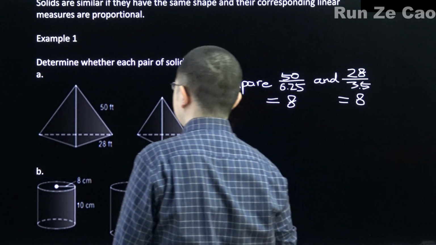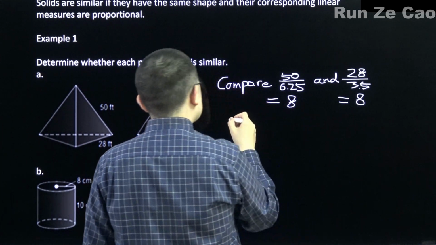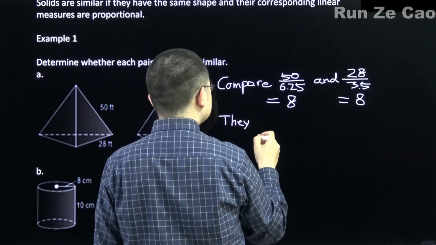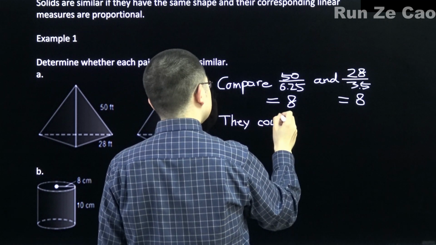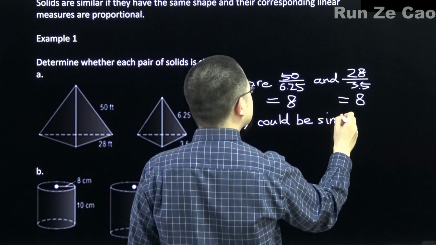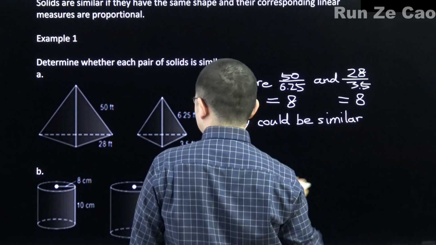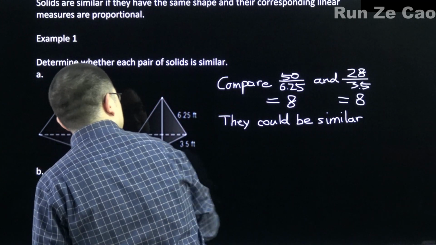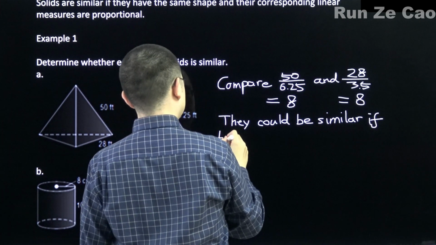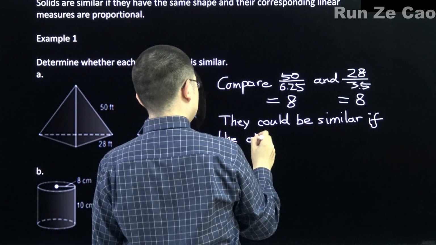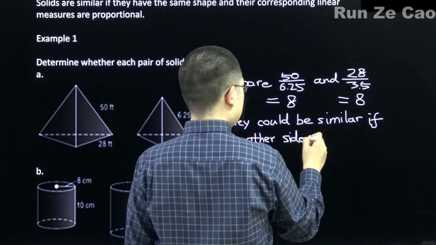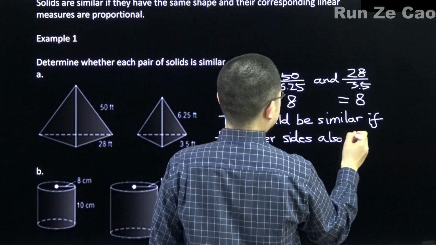So they could be similar. Why could? Well, it's because the other sides also have this ratio.